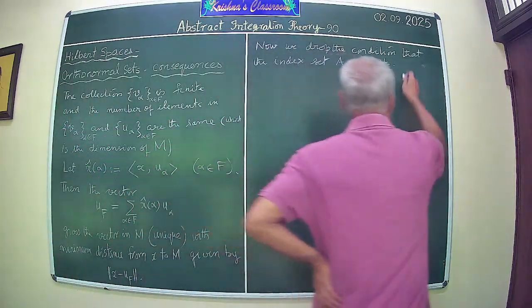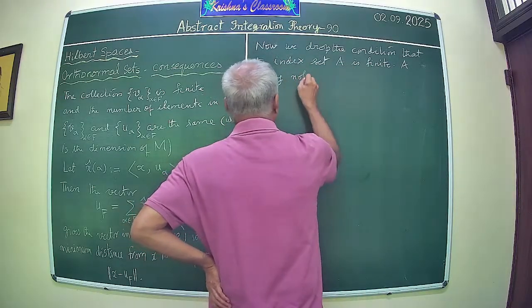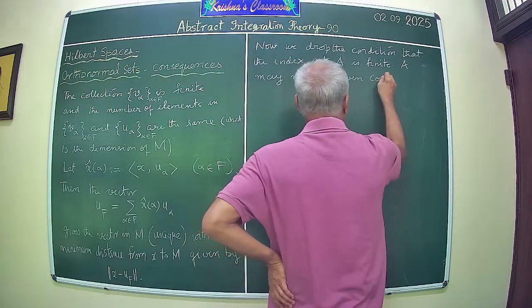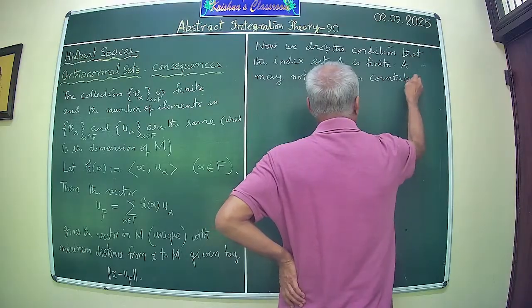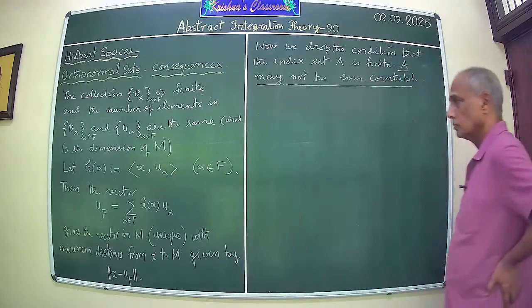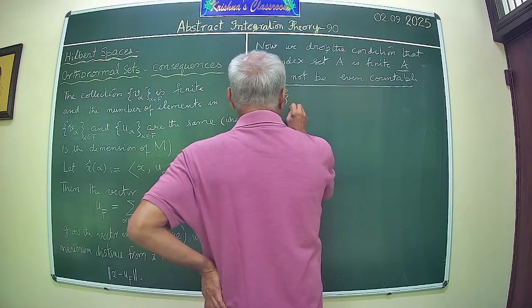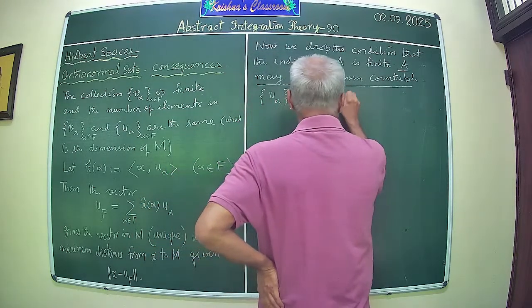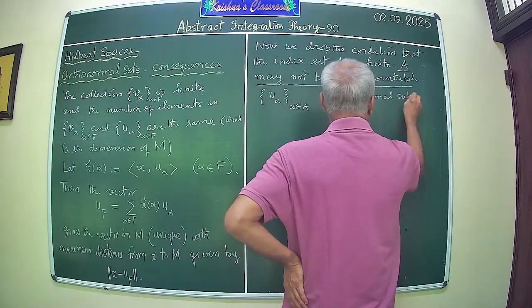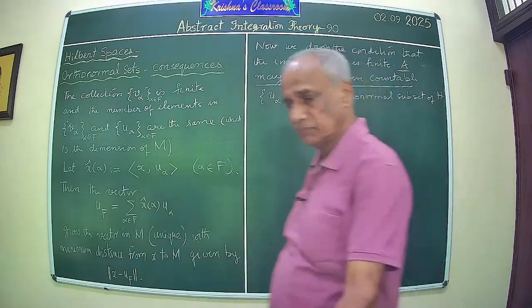A need not be even countable, so we are taking the general scenario. So you have U alpha.